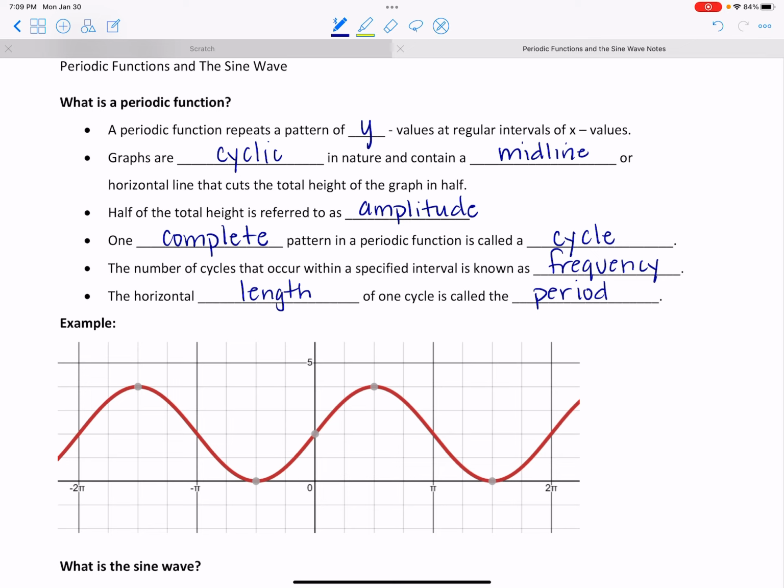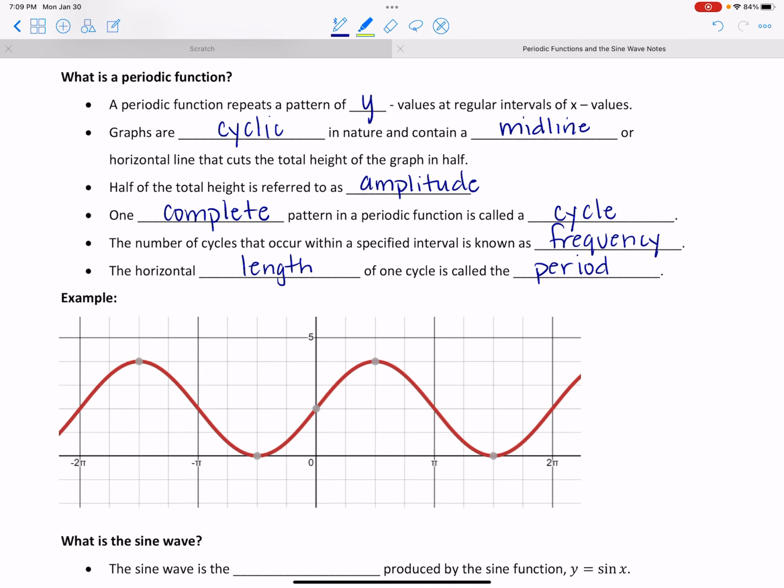All right, so what I have in the picture here is an example of a periodic function. It's actually a sine wave, and we're going to talk more about that. But for now, so you can get some of these vocab terms into the picture. So hopefully you can see how this is a repeating graph. Let's say I started at this point right here, and I just kind of highlighted until the pattern was to repeat.